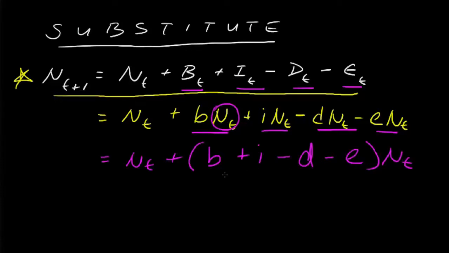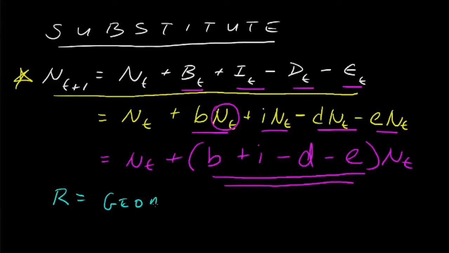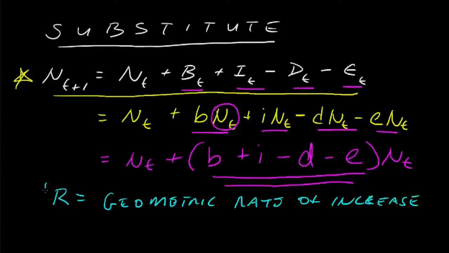So I do that because this expression here is something that we call R. And R is oftentimes referred to as the geometric rate of increase. And you might have heard that term before, the geometric rate of increase. So we've got R here, and I'm going to just substitute R in now to represent this term.